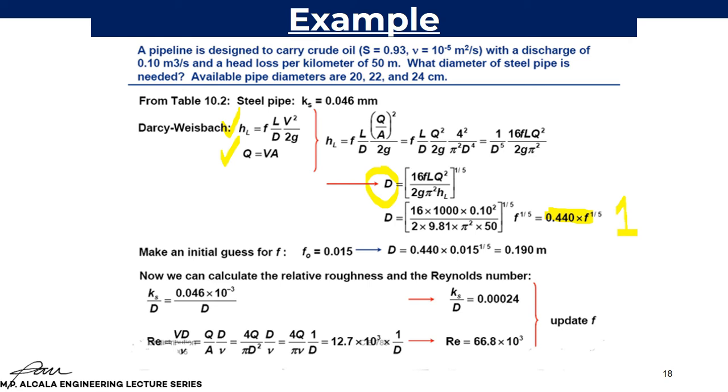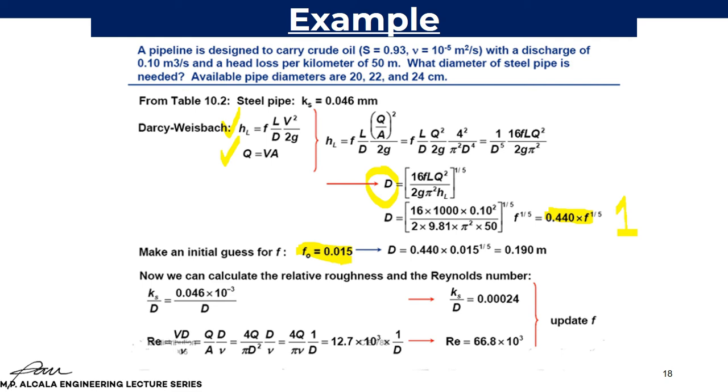Awhile ago, we assumed a broad assumption of 0.01. In this case, we will use 0.015. We have no idea why the book gives this assumption, but essentially it will give us a diameter of 0.190 meters or 190 millimeters.